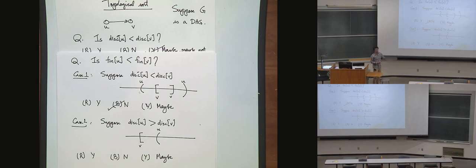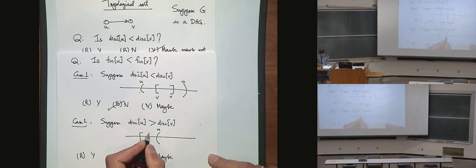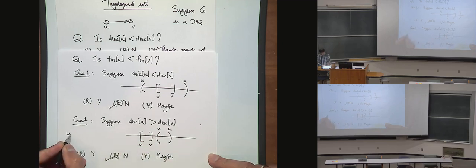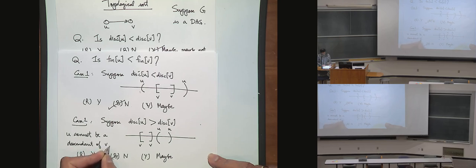U cannot be a descendant of V. Right? So the answer again is no. So it must look like this, because U cannot be a descendant of V.